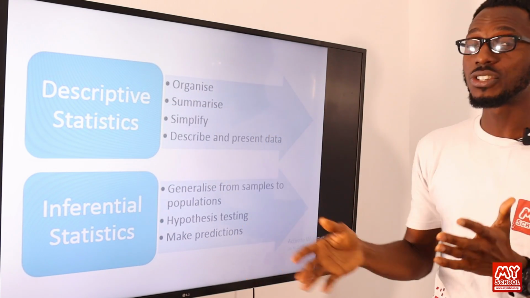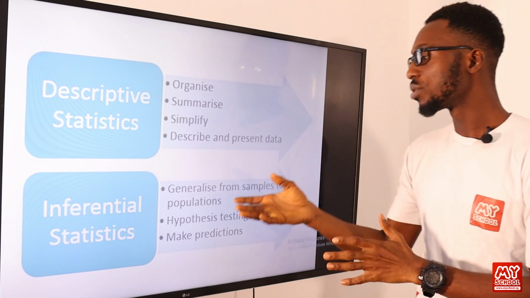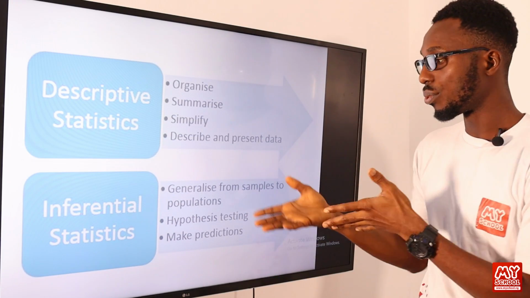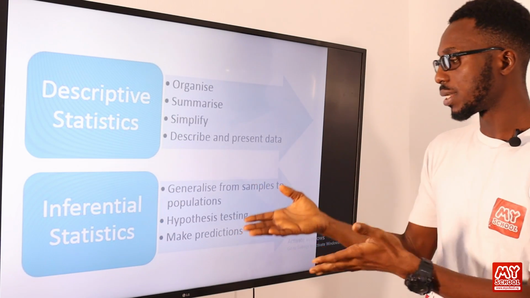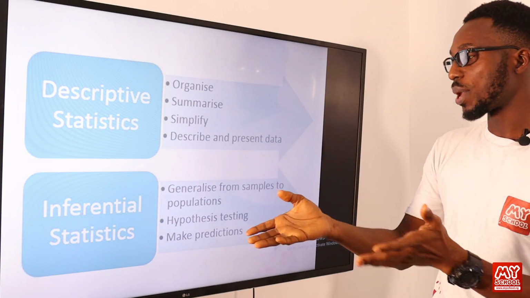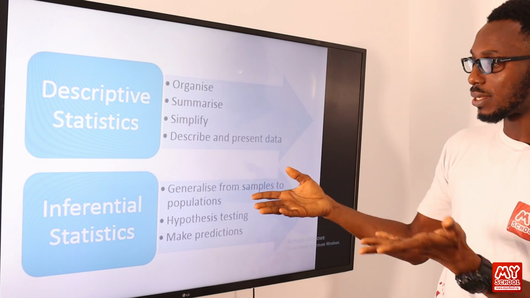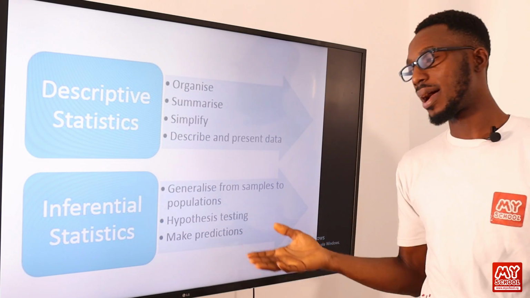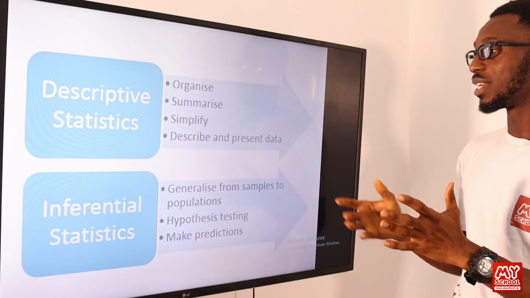Then we have inferential statistics, right here. You want to generalize from samples to population. There is a difference between a sample and a population, okay? Of course, another usefulness is hypothesis testing. Then we have to make predictions, general predictions. Yes, we move ahead to the next slide.